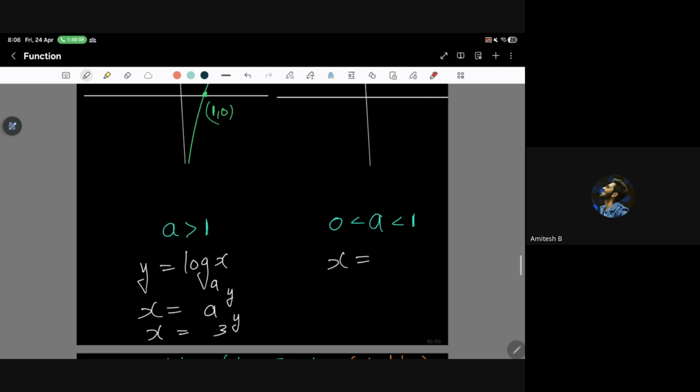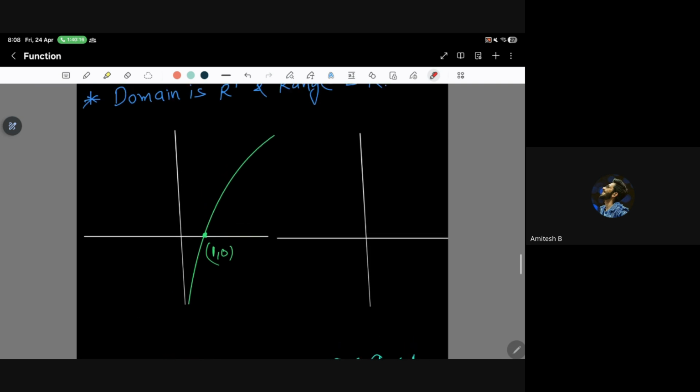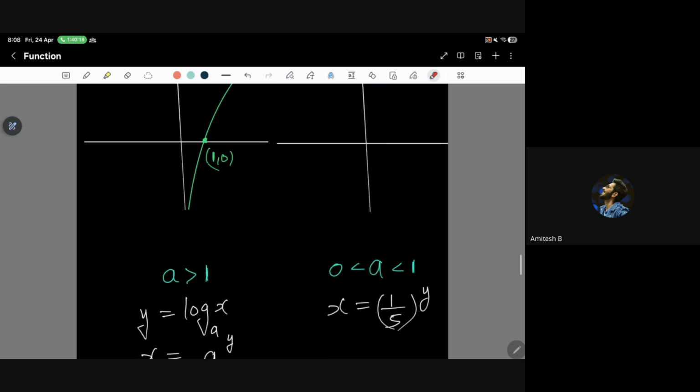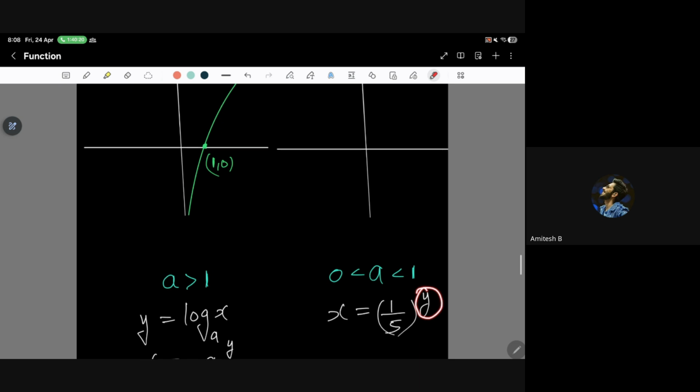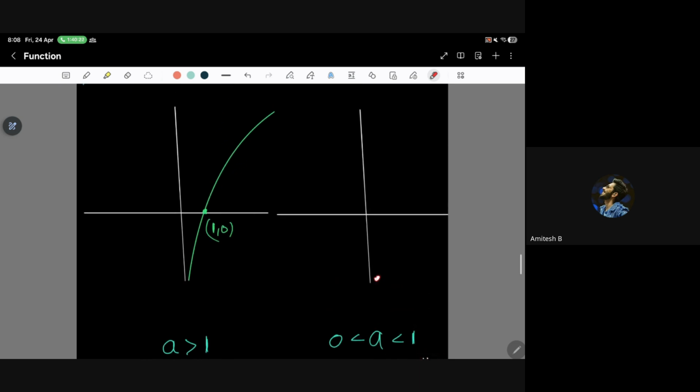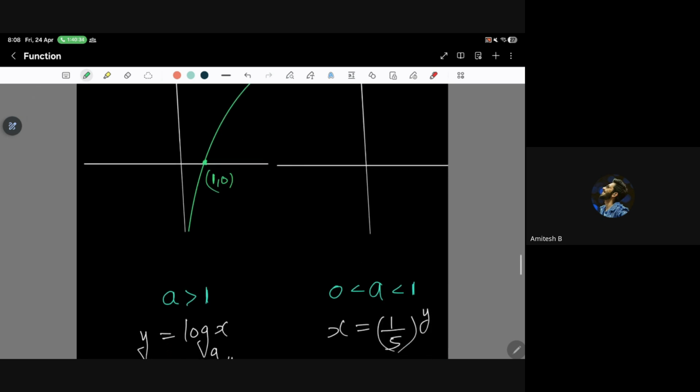Now this one, here let's say x is 1 upon 5. The same, when y is minus infinity, x will be plus infinity. So we are here. When you start increasing the value of y, the value of x will decrease. So the graph of the function will be like this.